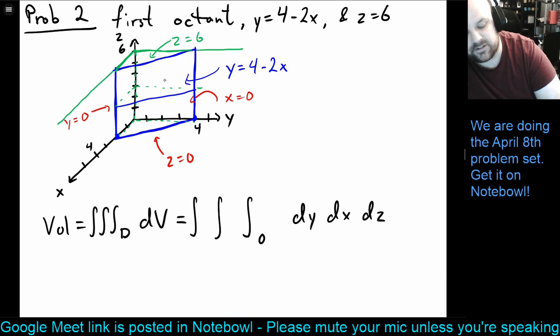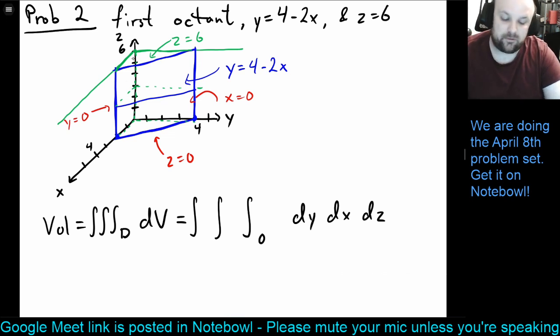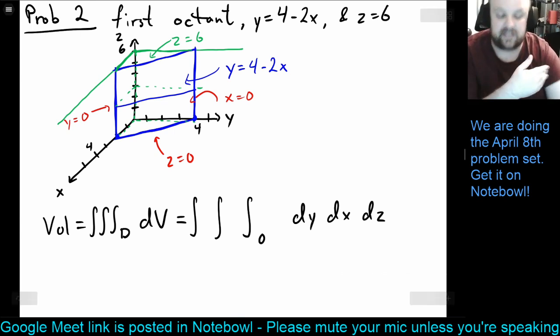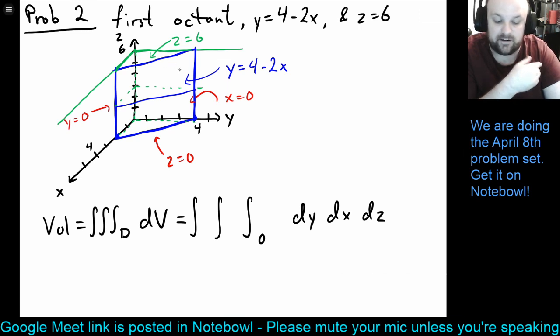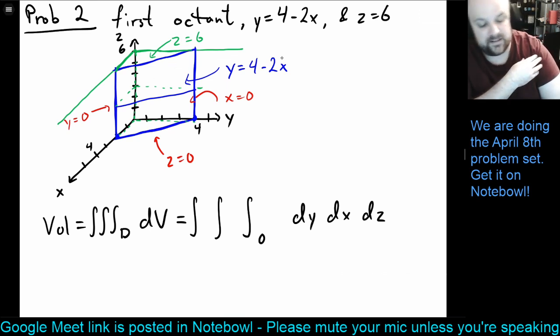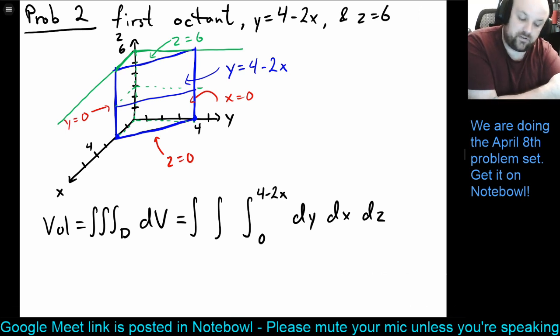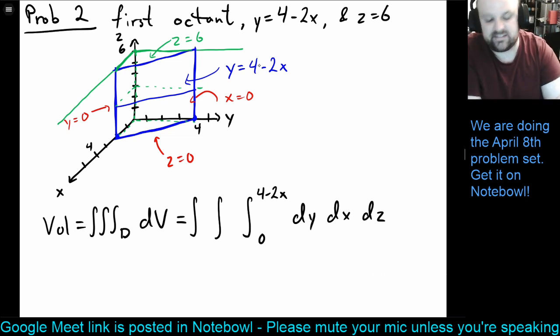As we move to the right, no matter where we start on this back wall, if we keep walking parallel to the Y-axis, we're going to hit this blue plane every time. So the upper bound for Y is going to be 4 minus 2x. That's why it's better to integrate Y before X in this situation, because that's already set up for us.